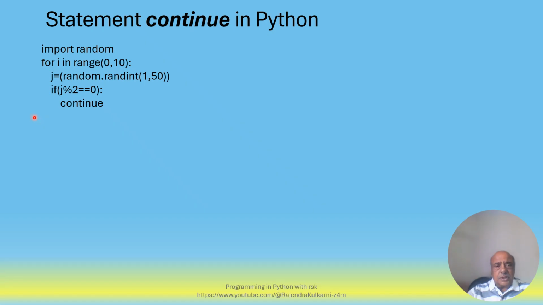Again, if the number generated is even, the loop will go back and start executing from back here. So whatever statements are after continue, even though they are part of the for block, those statements will not be executed.